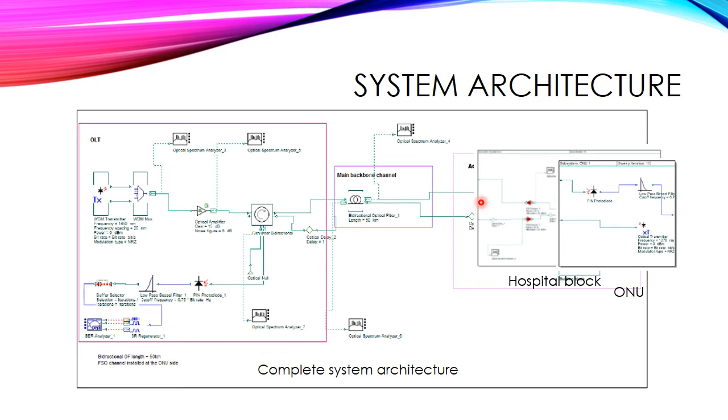So now let's come to the architecture of upstream communication. For the upstream communication, now this ONU will become the transmitter and this OLT will become the receiver. So you can see that here we have an optical transmitter with a wavelength of 1270 nanometers.